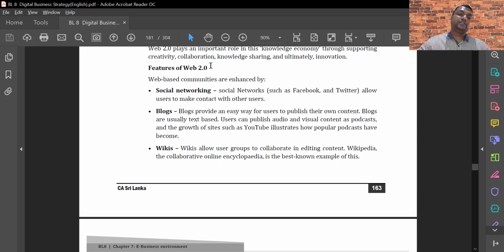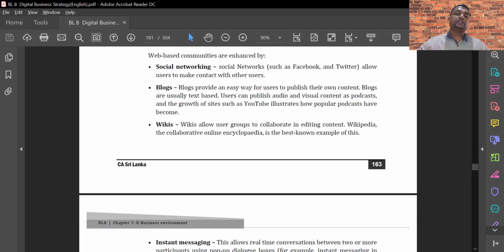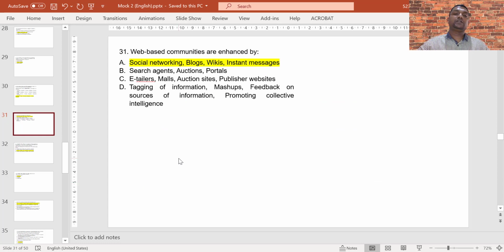This is not something which came recently, it was many years back, but because of this, these technologies were introduced. So web-based communities are enhanced by these abilities: social networking ability, being able to have blogs in websites, wikis where people co-create content, and instant messaging, exchanging information instantly.